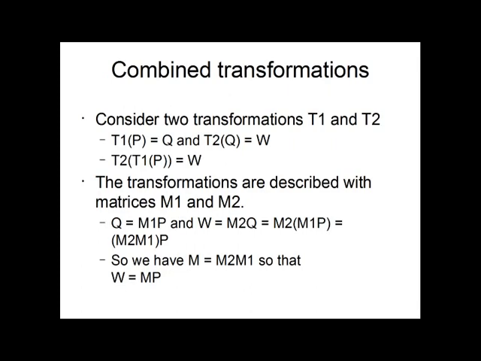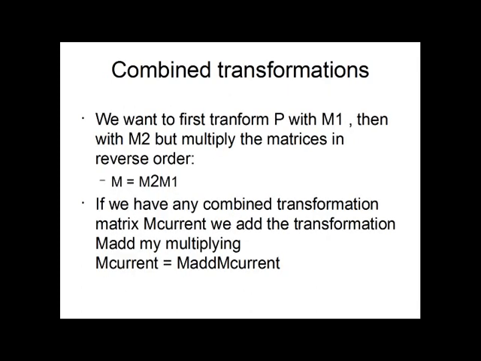But first we have to kind of get to grips with the idea behind transforming coordinate systems or transforming coordinate frames rather than the idea of transforming points. So this is just, yeah, if we want to add something, we should add it at the left, but OpenGL will actually be adding this at the right.